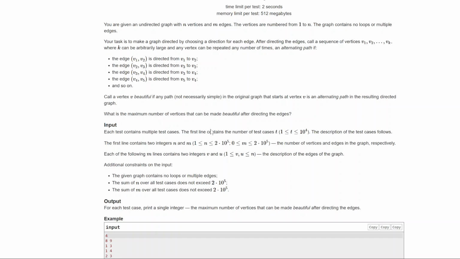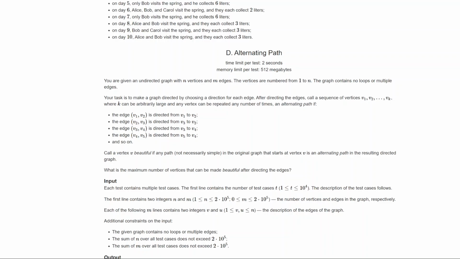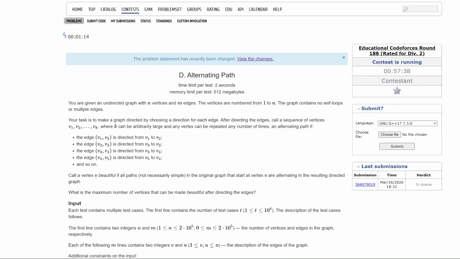In the case where there are two cycles, one has an odd number of nodes, the other has an even number of nodes, both have a common edge. Okay, I have not solved this question yet.